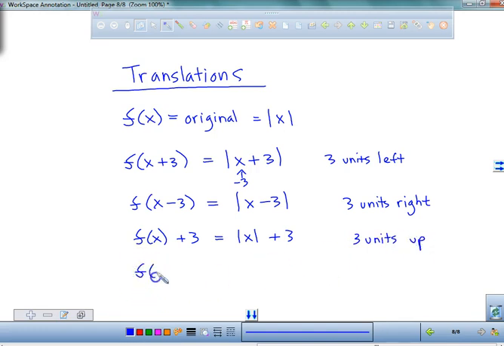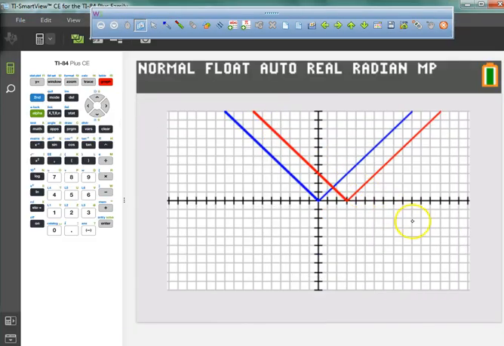If I said f of x minus 3, that would be the absolute value of x minus 3, and that would be 3 units down. So either it's going to go left, right, up, or down. Okay? So right now, I'm going to keep moving forward.